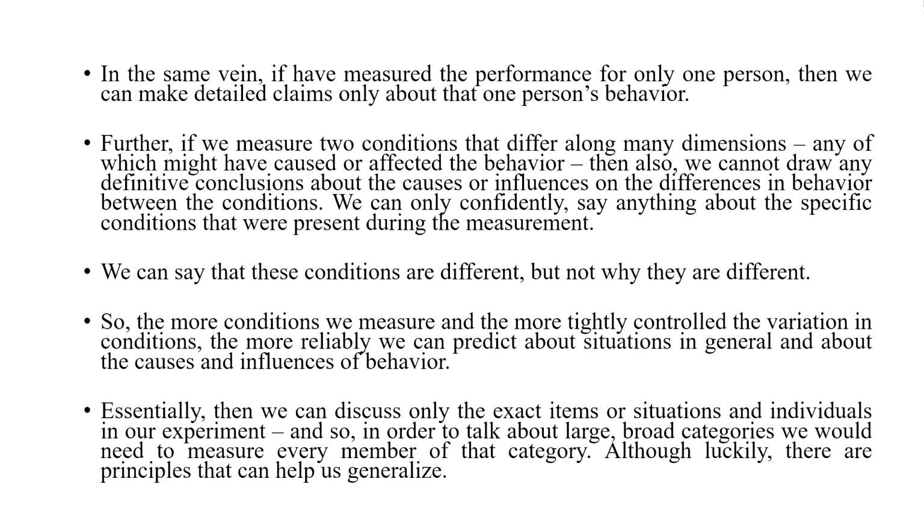So we can only confidently say anything about the specific conditions in which the experiment was performed, with the specific participants. Okay. So the more conditions we measure and the more tightly we control the variation in these situations, the more reliably we will be able to predict about situations in general and about the causes and influences of behavior.